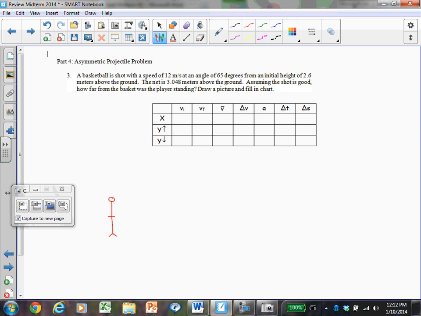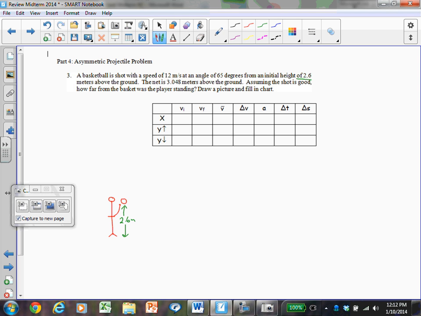So when the ball is shot, it says that the initial height above the ground is 2.6 meters. The reason that it's so important to put the figure on these is because you have to figure out heights and stuff.